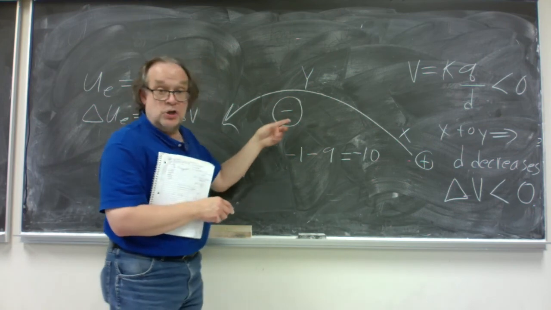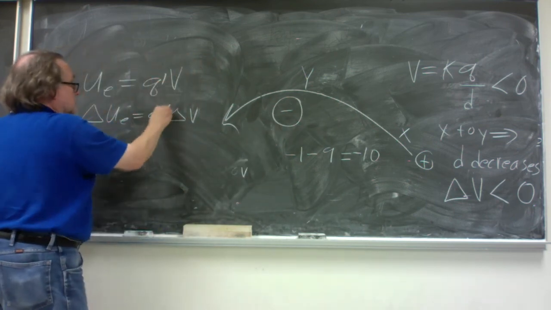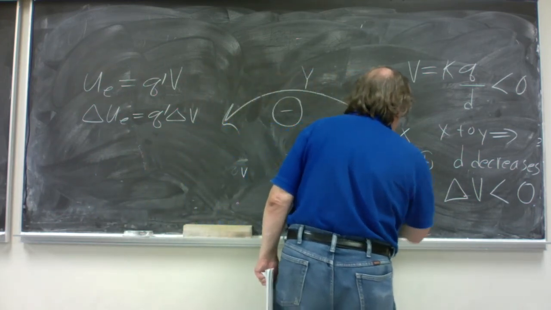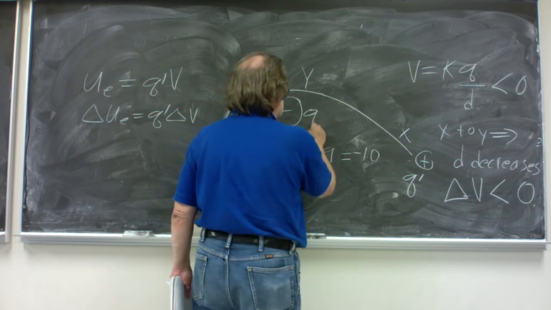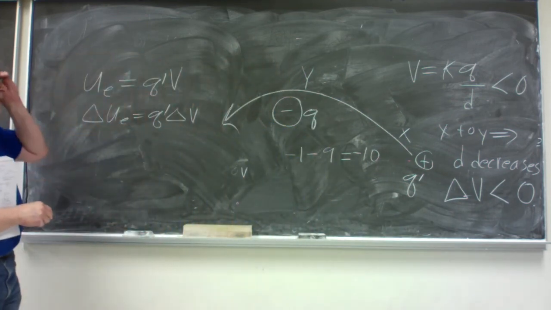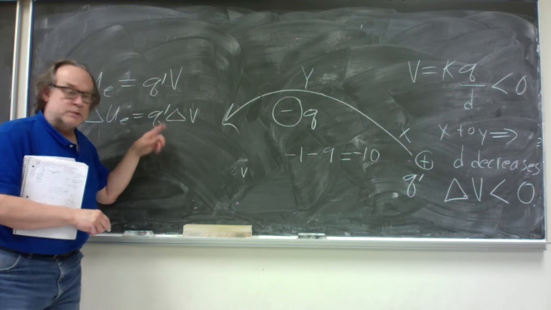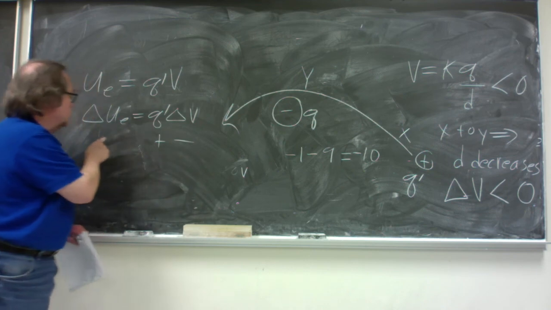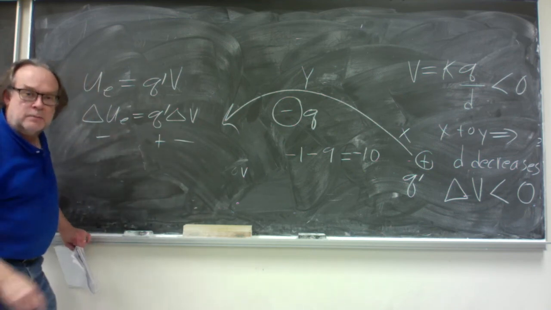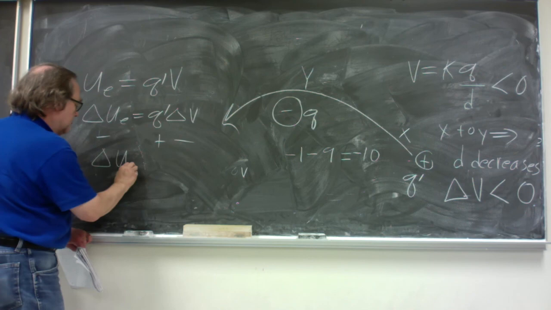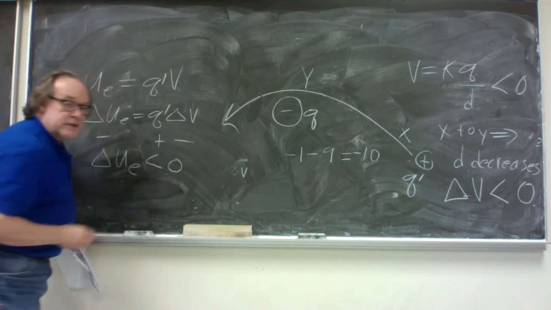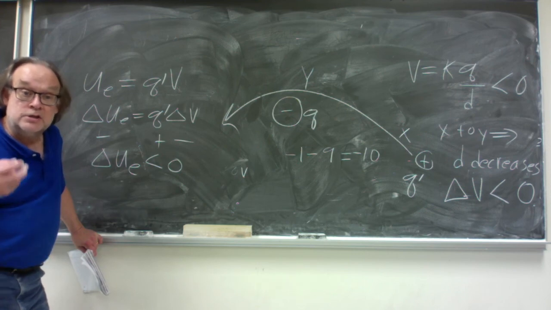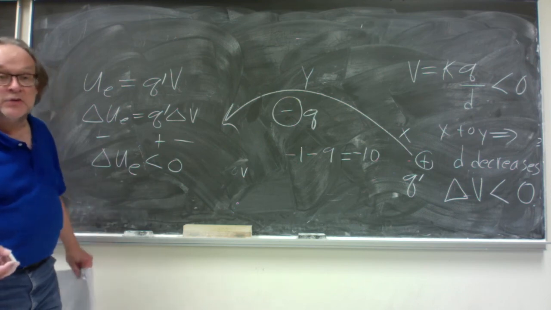I'm already calling this charge Q, so I'll have to give this charge a different name. I'll call it Q prime. So Q prime is positive. Just figured out that this is negative. So positive times a negative is a negative number. The change in electric potential energy is a negative change. The electric potential energy decreases. And to be specific, it gets more negative.